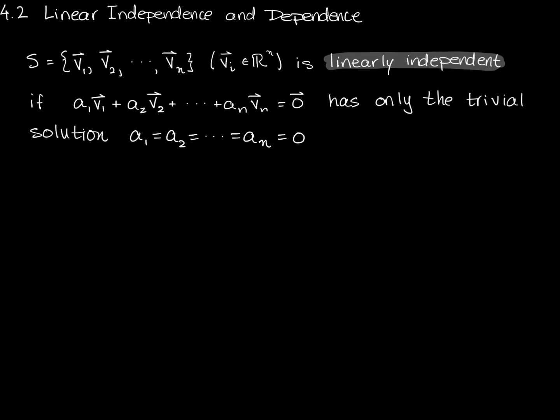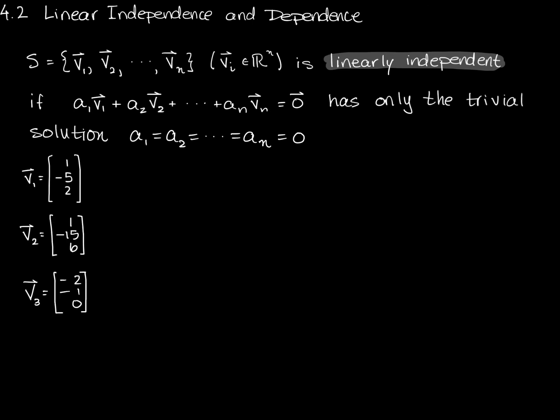And so I'd like to do this example in R3 of three vectors that are linearly independent. So my vectors are v1, v2, and v3. A linear combination of these would be a1 times v1 plus a2 times v2 plus a3 times v3. But remember, I said on the previous screen that we can set this matrix up without writing that out necessarily.